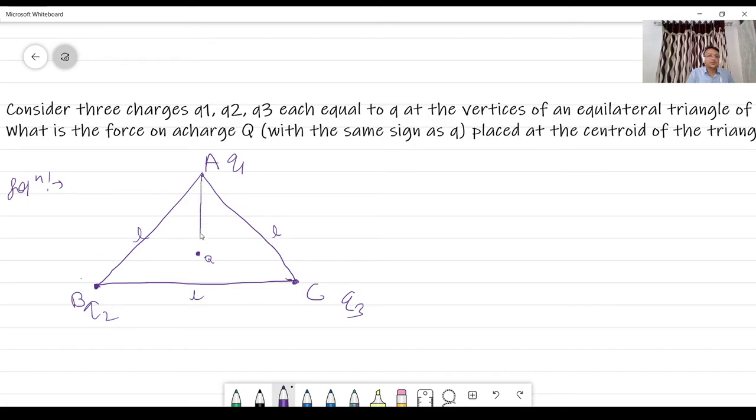It is a perpendicular on this line BC, and it is also bisecting this line BC into L by 2 and L by 2 lengths. And if I again trace the perpendicular from B to AC, it intersects the other perpendicular, let's say AD and BE. So AD and BE will intersect at the centroid point.